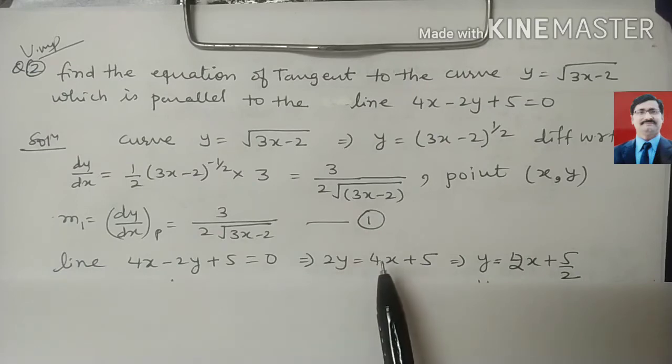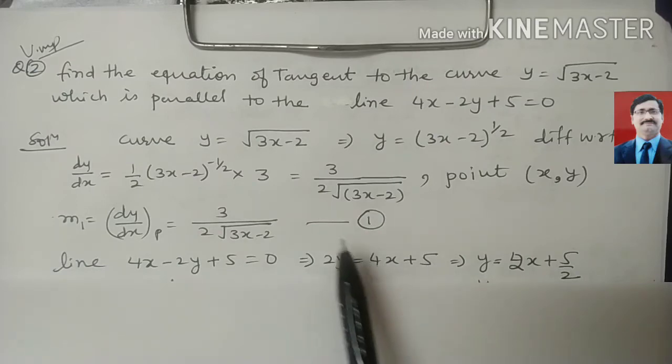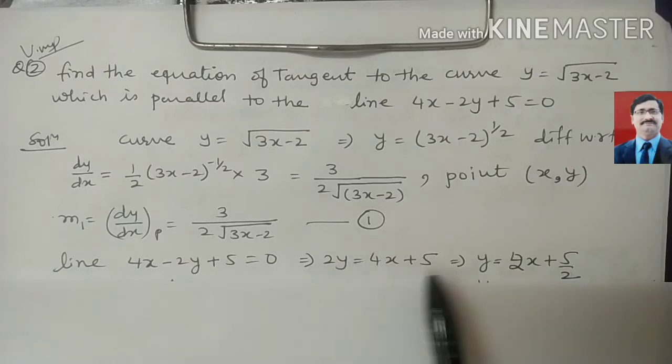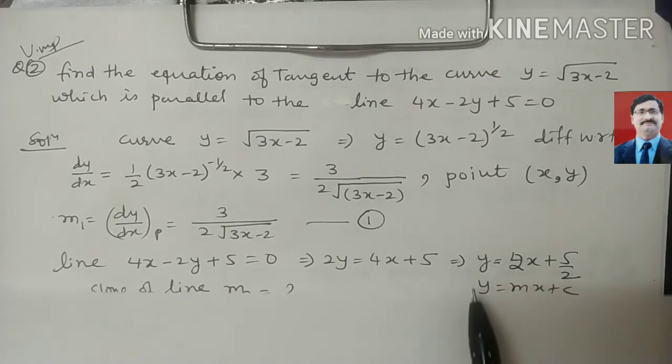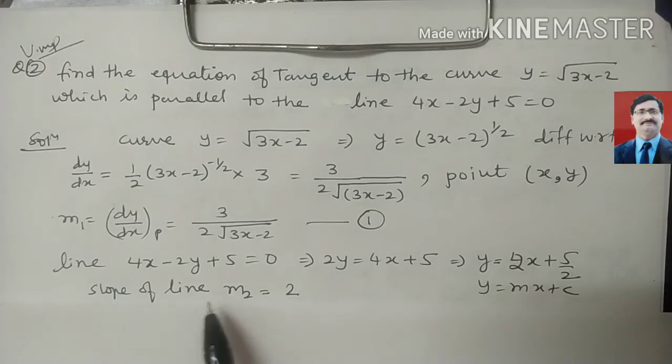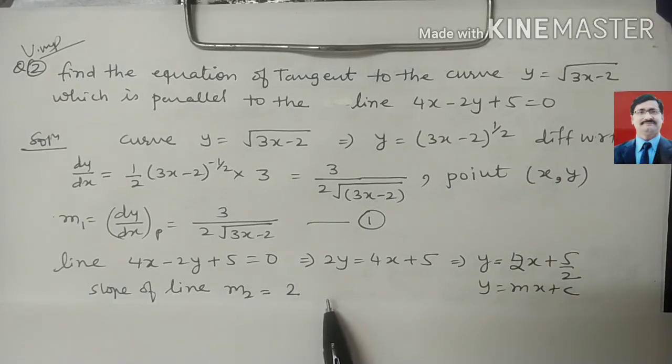So 2y equal to 4x plus 5. We divide by 2, so we get y equal to 2x plus 5 upon 2. We compare this with y equal to mx plus c. So m equal to 2, that is, the slope of the line, m2, is equal to 2. Do all of you understand?